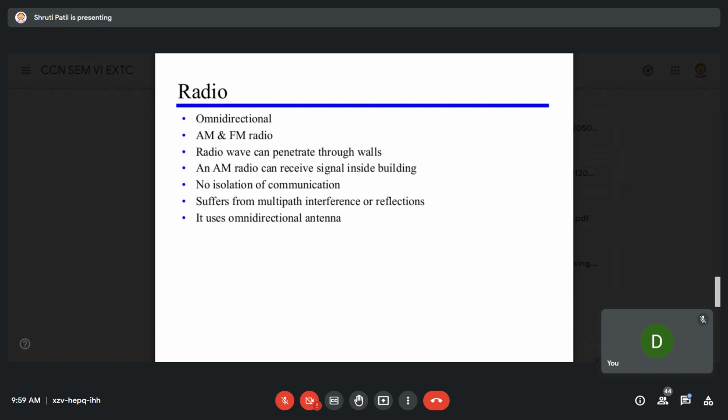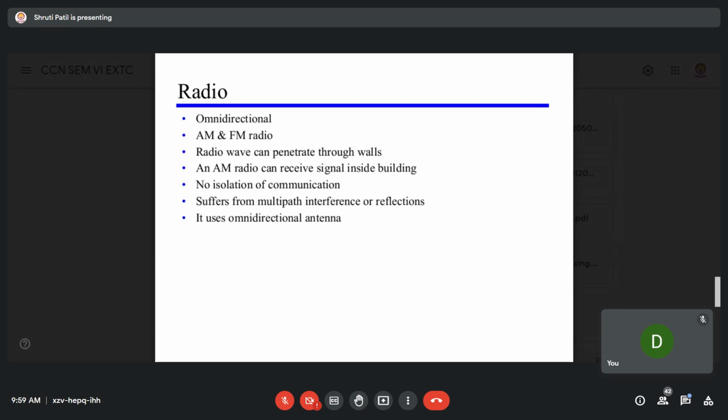There is no isolation of communication, but it suffers from multipath interference and reflections. That is, whatever radio waves you are transmitting can be reflected from various buildings. There are a number of obstacles: trees, mountains, natural features, or man-made buildings.